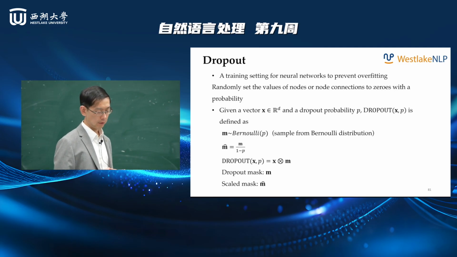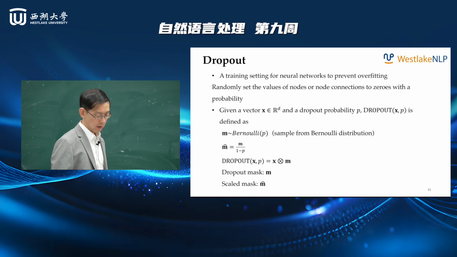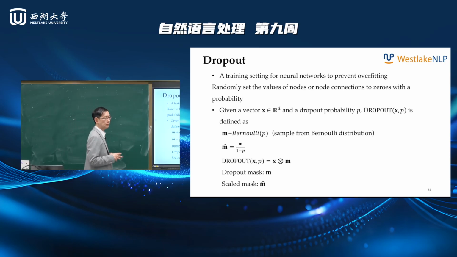How can we avoid overfitting with powerful networks? Dropout is a very simple and effective strategy which is used in almost every neural network during training. The idea is you have an input representation, and I deliberately add some noise to your input to make you look a little different from yourself every time I train you.